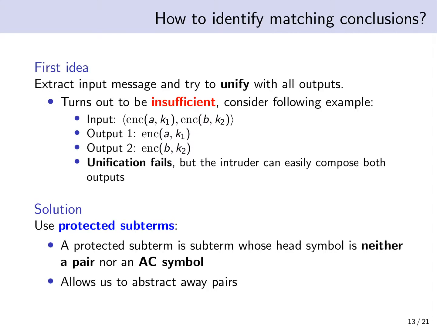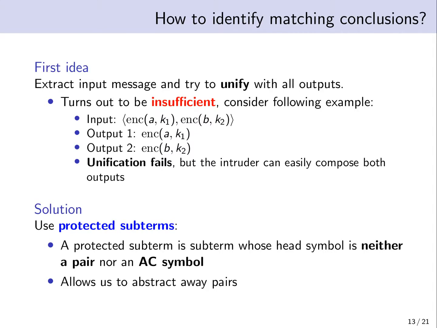So consider an example where we had an input of a pair of two encryptions and two outputs which are just simple encryptions. Here the unifications between the input and both outputs fail, but the intruder can easily compose outputs to generate an input.